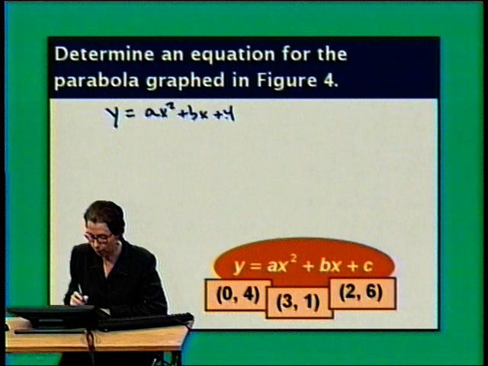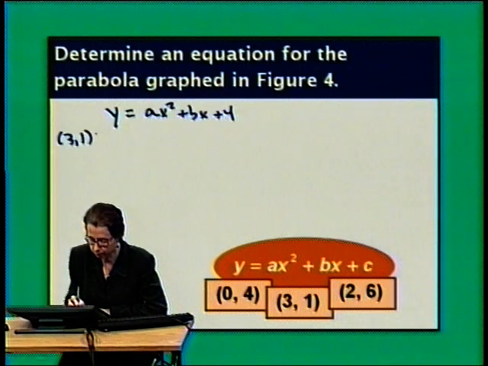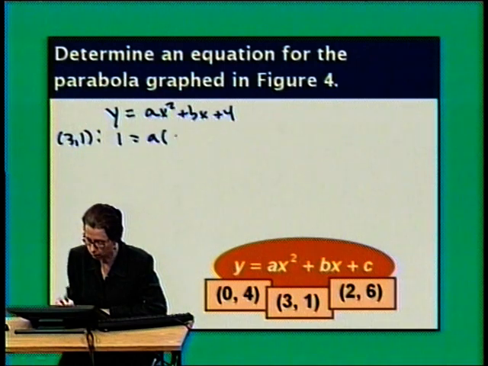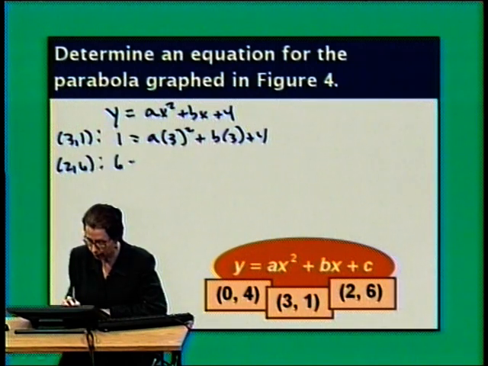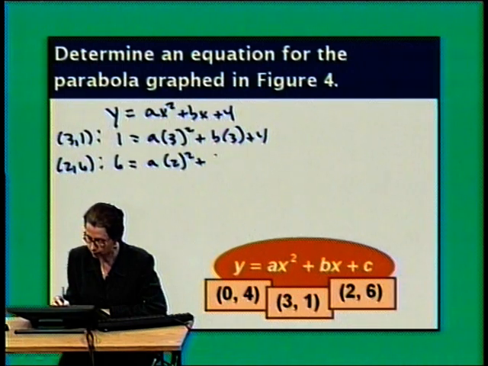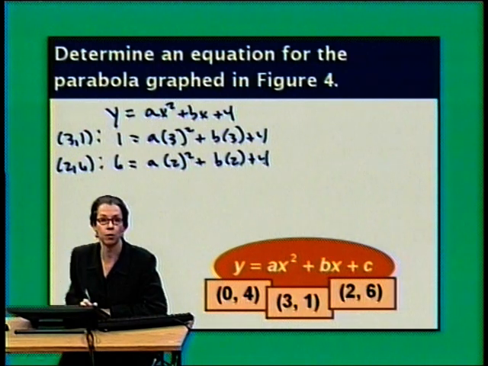Using the ordered pair 3,1 gives me another equation. y is 1 when x is 3. Using the ordered pair 2,6 gives me another equation. y is 6 when x is 2. So I'm just substituting 6 for y and 2 for x in my standard form.